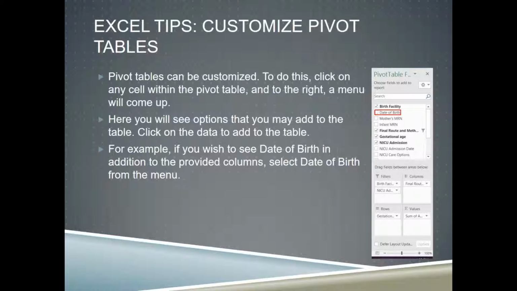So if you wanted to know something about the date of birth, as an example, or something about a different field that is available to you in the pivot table, you can drag and drop these into either columns or rows, and then your pivot table expands or contracts depending on what you are doing with those additional fields that you add to your pivot table.